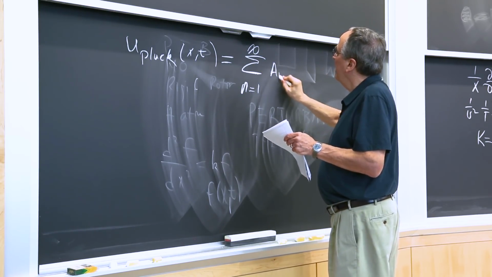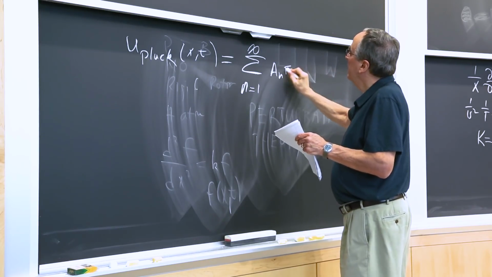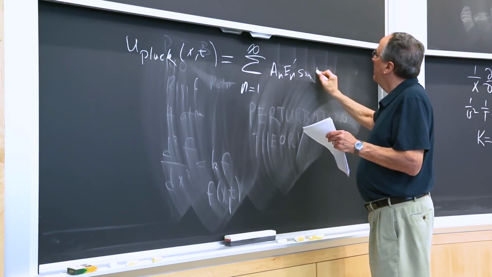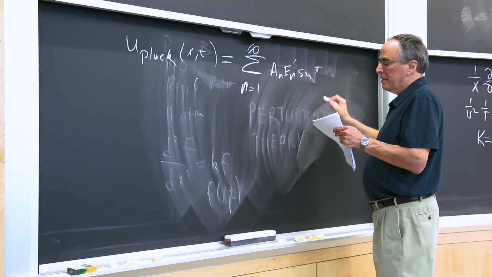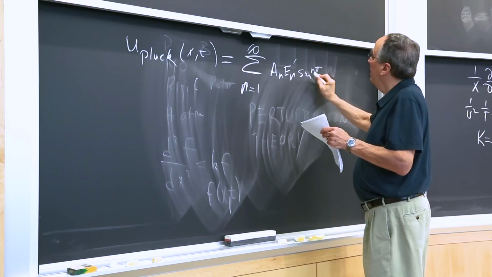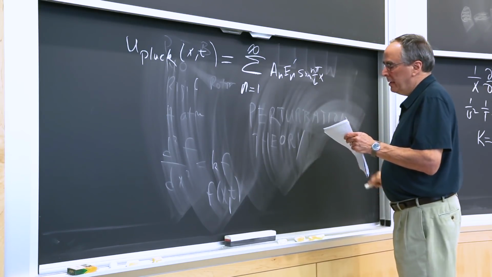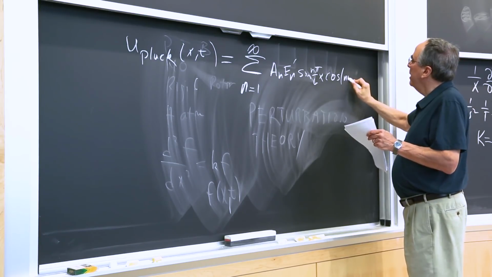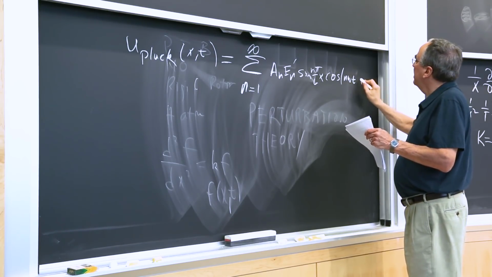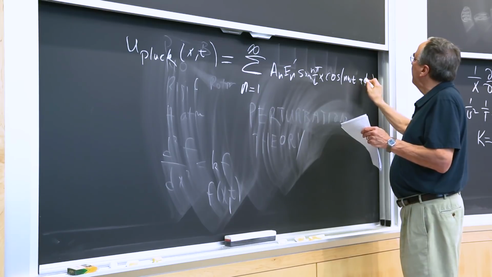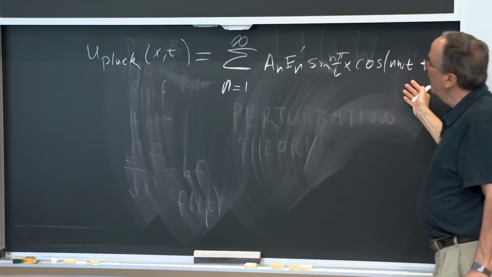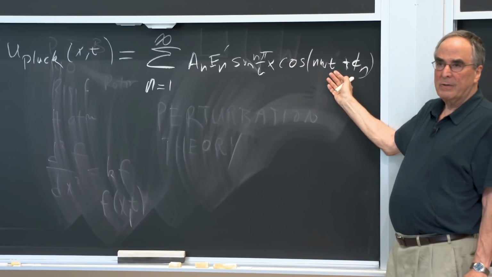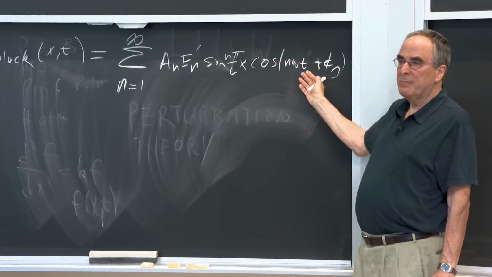We have A n E n prime times sine n pi x over L times cosine n omega t plus phi n. So we have a bunch of terms like this, a spatial factor and a temporal factor. And you can draw pictures of both.